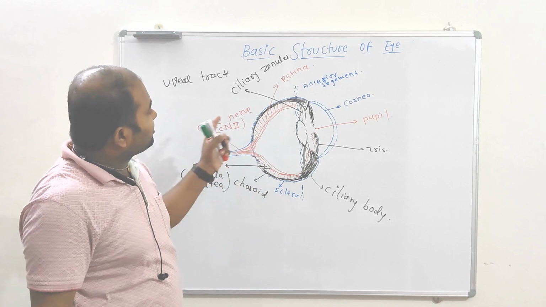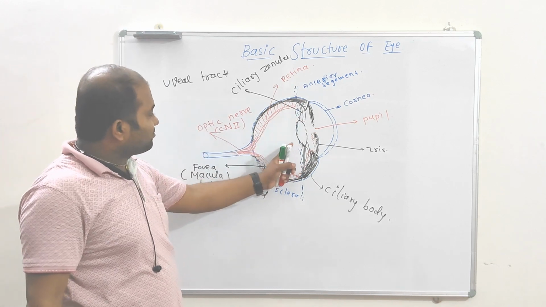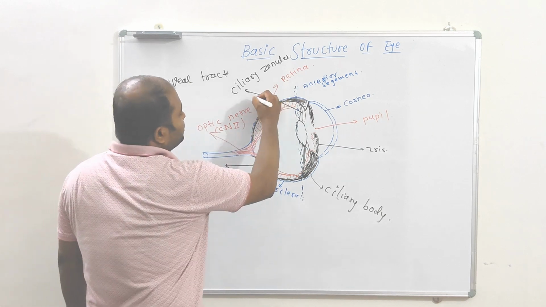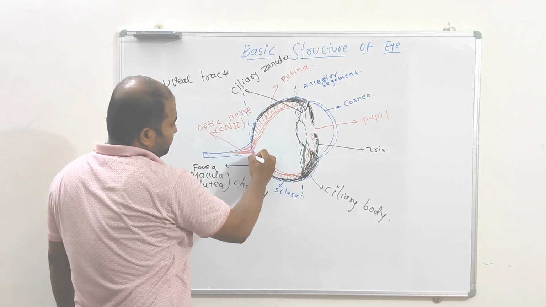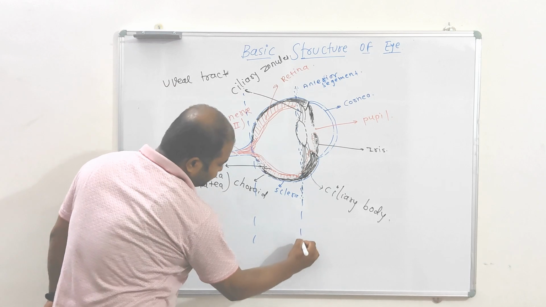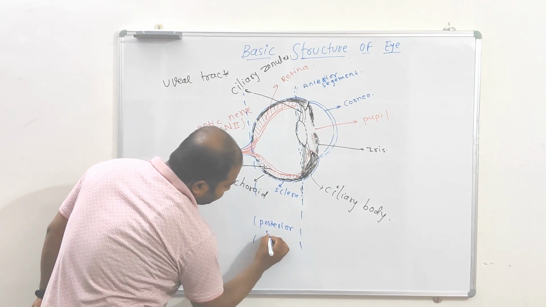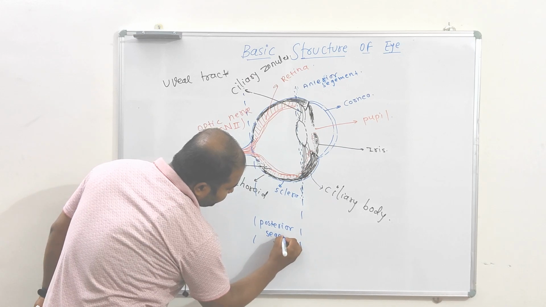And the part of the eye which is present just posterior to this line is called the posterior segment. Up to here what we have discussed is the posterior segment.